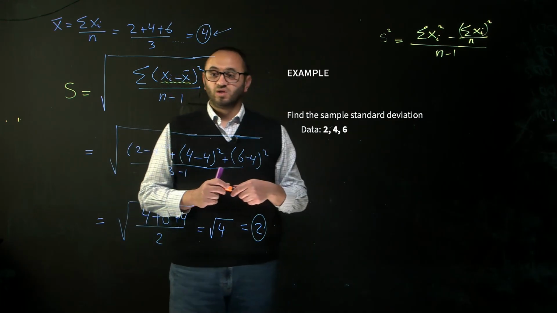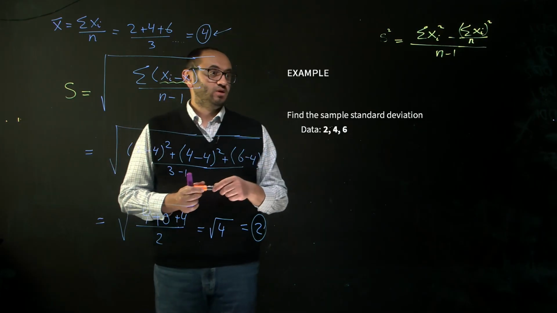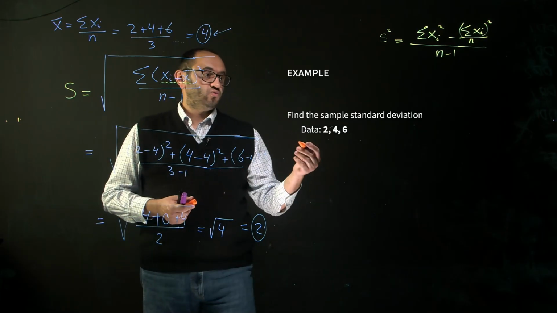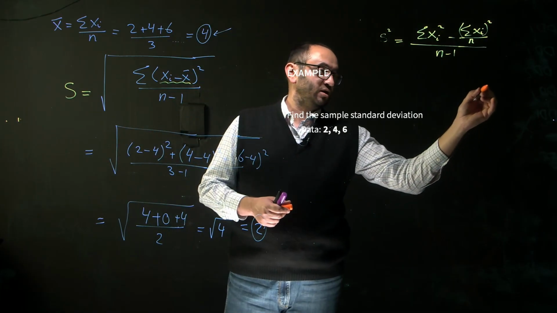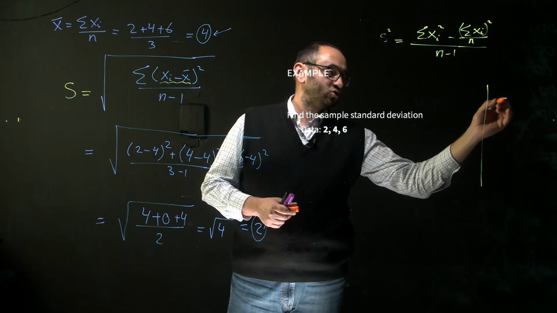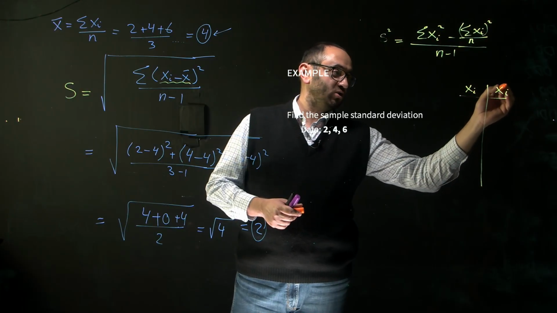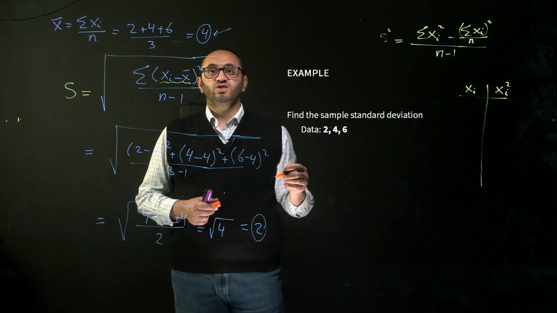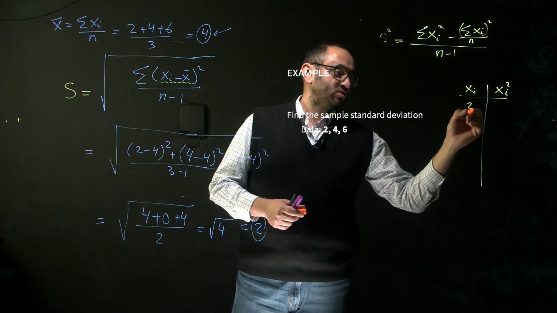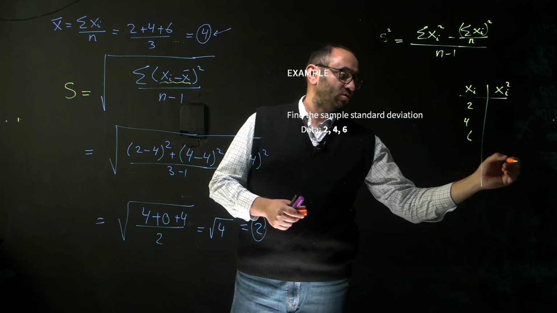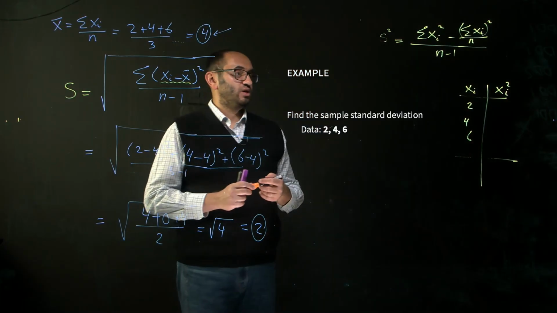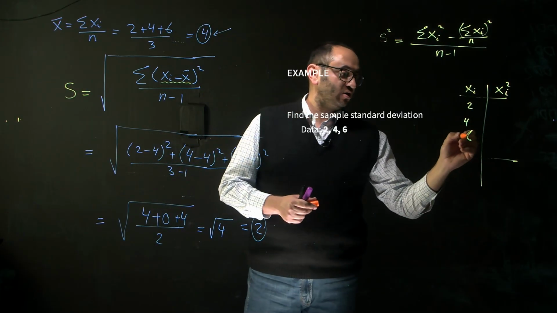So if you use this formula, xi are 2, 4, and 6. Maybe I can create a short table here, xi, and this is xi square. The values of xi are 2, 4, and 6, and xi square are the square of that.